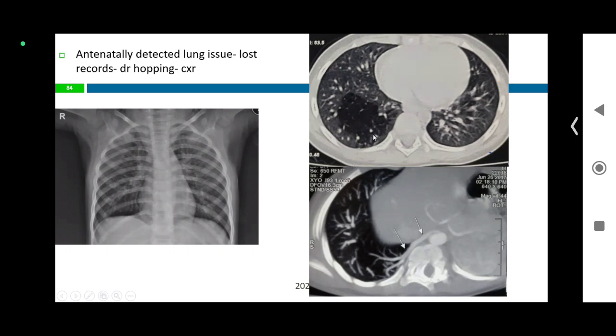Even though the plain CT shows some air trapping and a cystic lesion here, you are able to see a branch from the aorta supplying part of the lung. This happens; the arterial supply comes from the systemic circulation.